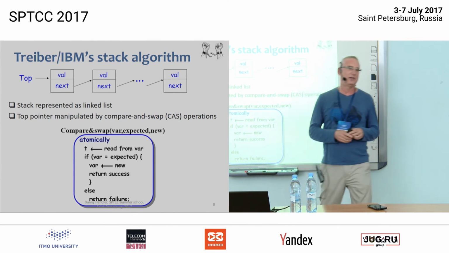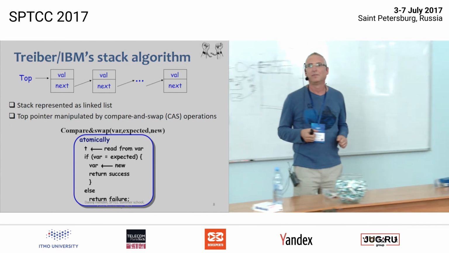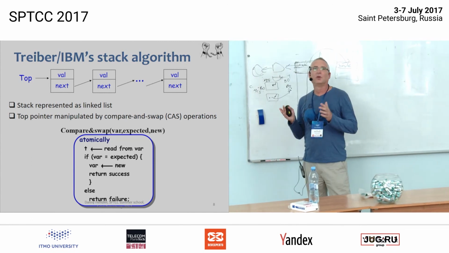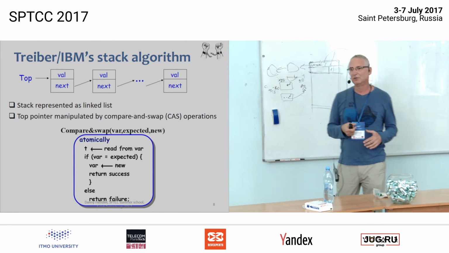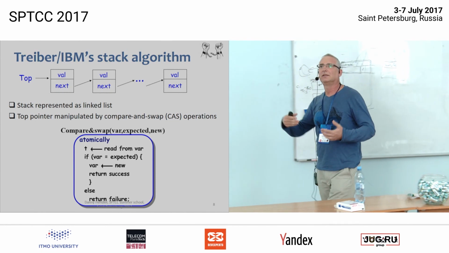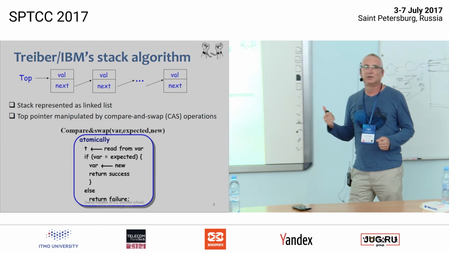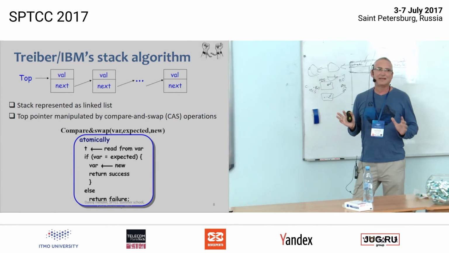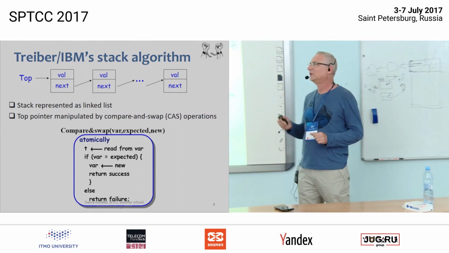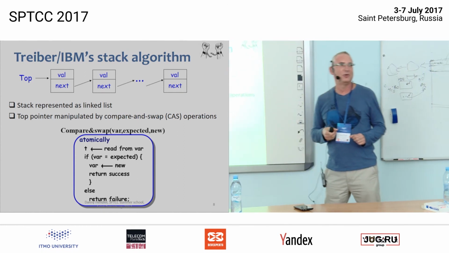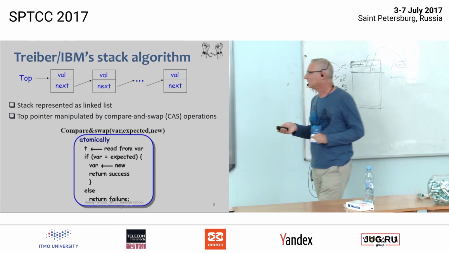Otherwise, a failure indication is returned and the variable is not modified. So the idea is that you can read a specific value, compute some function based on this value, and then write the new value only if the older value did not change. There are some reservations to what I said regarding CAS, which will be discussed later in this course when we talk about memory reclamation. But let's move on for now.